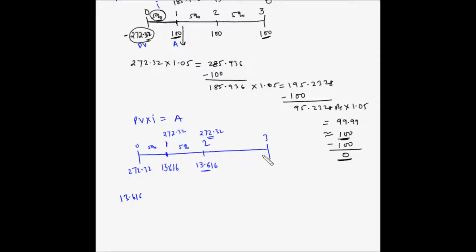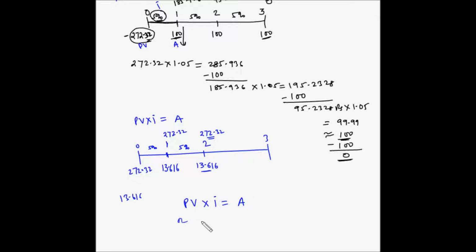So this becomes a case of perpetuity. And in case of perpetuity, the present value or the value of the perpetuity multiplied by the interest rate is equal to the annuity amount, or present value of the perpetuity is equal to annuity amount divided by interest rate.